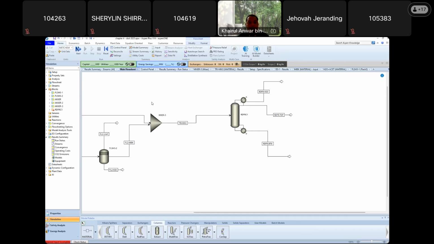Oh, wrong. Ah, yeah. Red flag, it requires more input. This is step 29, such as reflux ratio and number of theoretical stages.